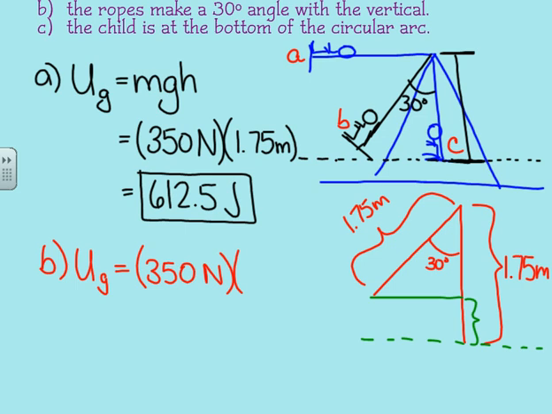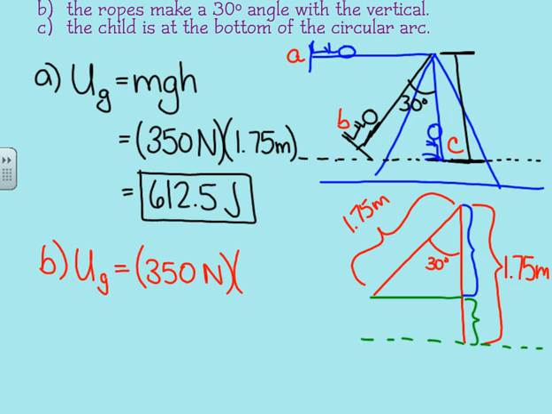To find that distance, this small distance in green, I'm first going to find this distance here using trig, and then I'll have 1.75 minus this distance in blue equals the distance in green. To find this distance in blue, I would use the cosine function. The cosine of 30 degrees is adjacent over hypotenuse.